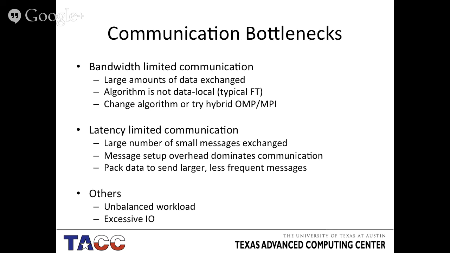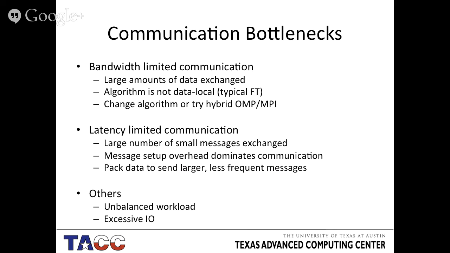Now, I like to divide communication bottlenecks into bandwidth limited communication, latency limited communication, and others. And the others is a very large box. But essentially, with bandwidth limited communication, you have large amounts of data being exchanged with every message, but your algorithm is not completely data local.